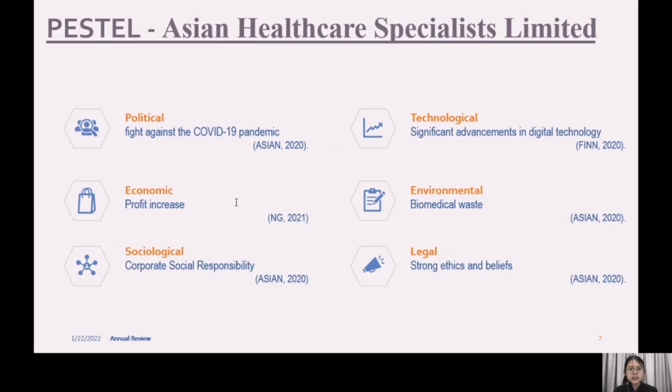Third, corporate social responsibility is a social issue. That is because it continues to encourage our workers to participate in community events in fiscal 2020. Fourth, significant advancement in digital technology is a technological aspect in future Asia healthcare.